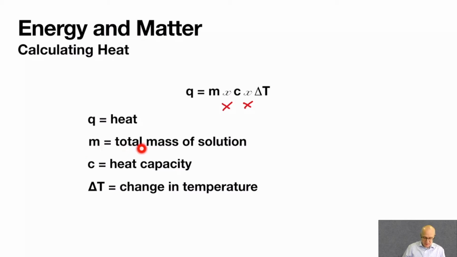M is the total mass of solution. That's an important concept. C is the heat capacity. We'll talk a little bit more about that in a minute. And delta T is the change in temperature, because obviously if things are getting hot or cold, we can measure that with a thermometer.